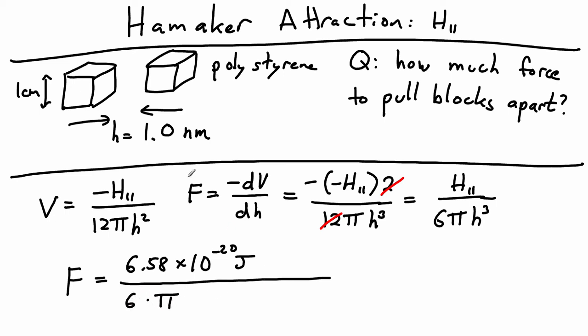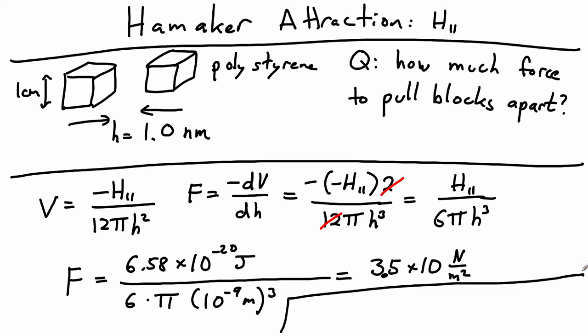And the distance we said was 1 nanometer, so we've got 10 to the negative 9th meters. We're cubing that. So that gives us 3.5 times 10 to the 6th newtons per meter squared.